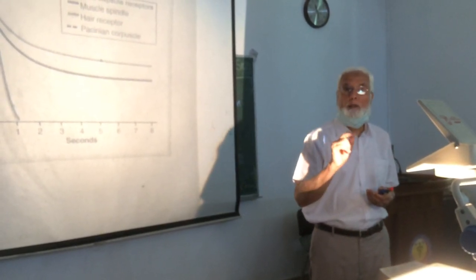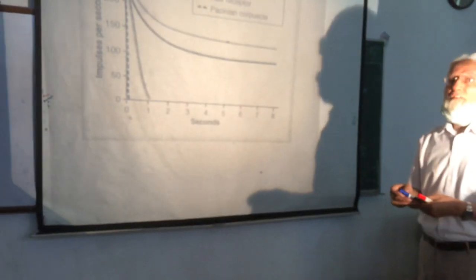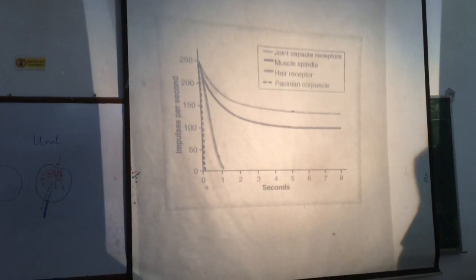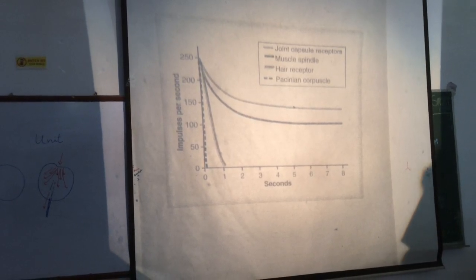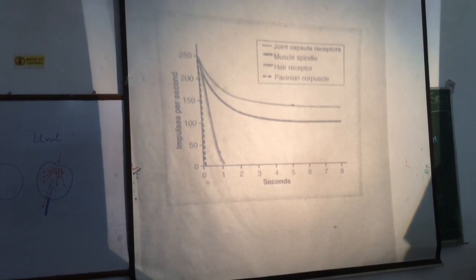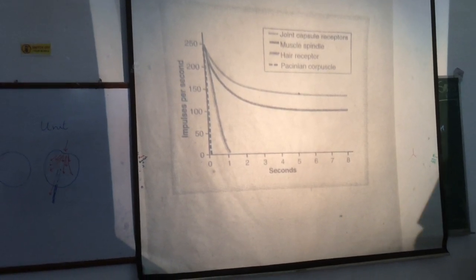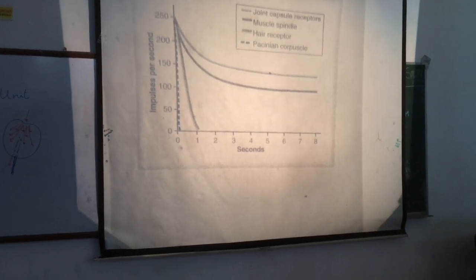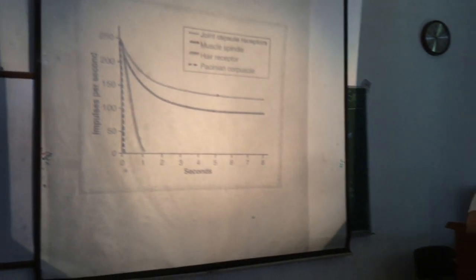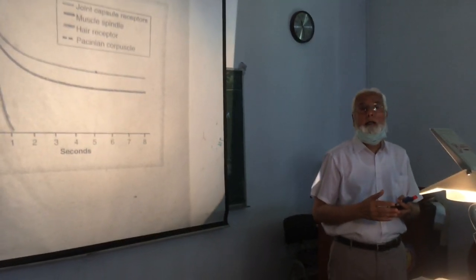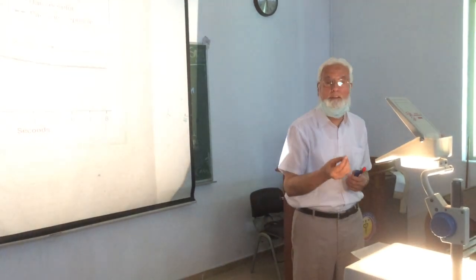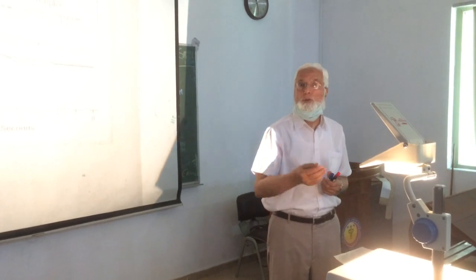Receptive field: the receptive field of a sensory unit is the area from which sensory impulses are carried by a single sensory unit, a single sensory nerve fiber.